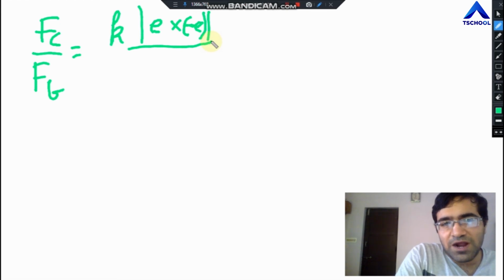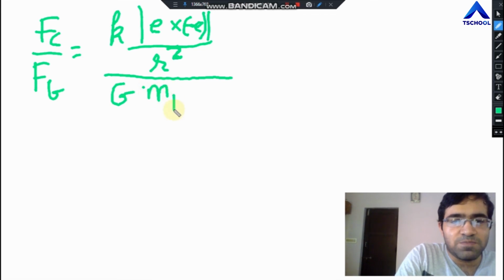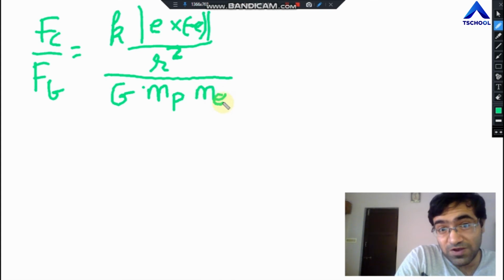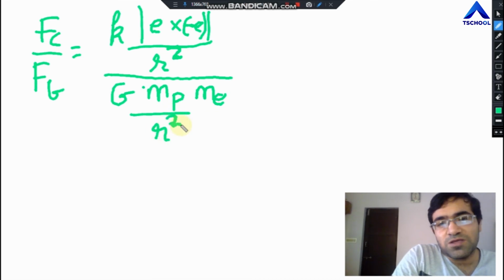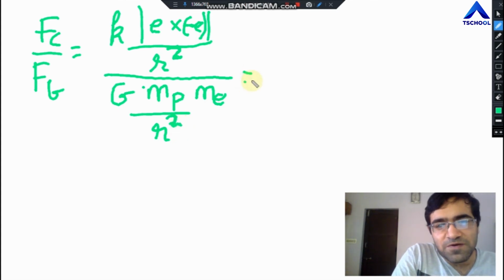And now divided by r square, but this is only for the Coulomb's force, and now we have to divide this whole thing by the gravitational force, which is G mp, because the mass of proton and the mass of electron are not the same, don't forget. Okay, and then again divided by r square. I'm sure you have already understood how to handle this situation. All we have to do is cancel r square, right?